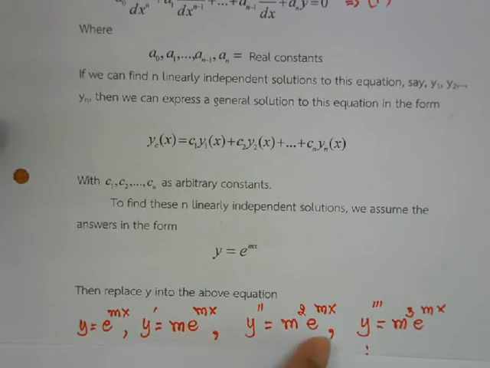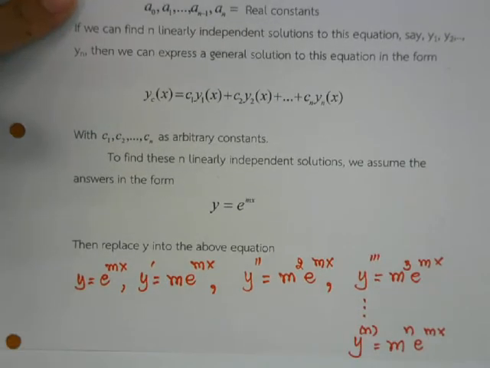The second derivative is m squared times exponential of mx. The third derivative is m to the power 3 times exponential of mx. The fourth derivative is m to the power 4 times exponential of mx. And the nth order derivative is m to the power n times exponential of mx.